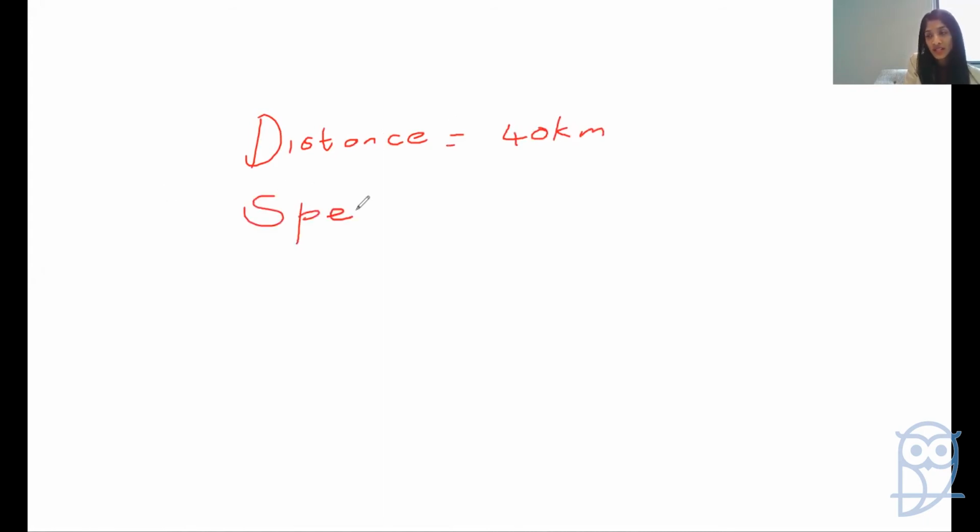So, firstly, we know the distance is 40 kilometers. We don't know the speed they were traveling at, that's unknown. But the time they took is equal to 2.5 hours and 30 minutes.